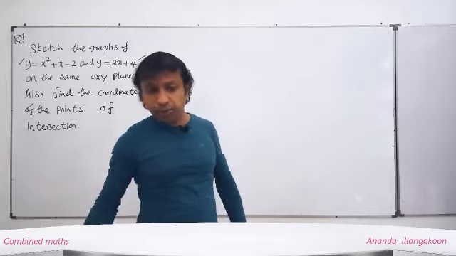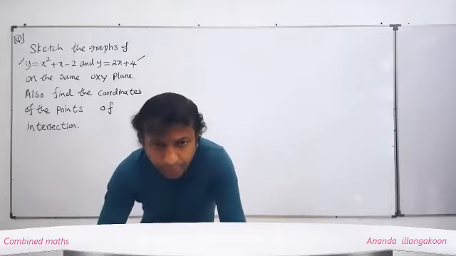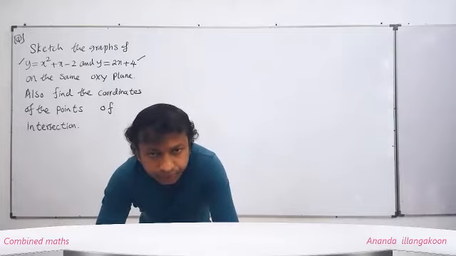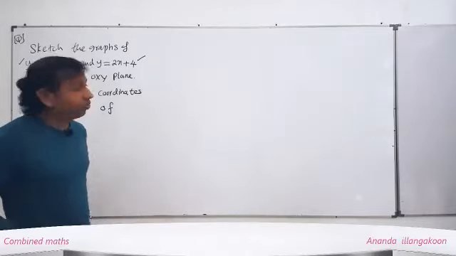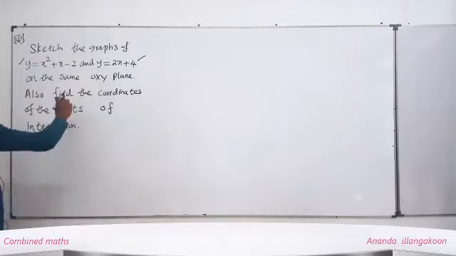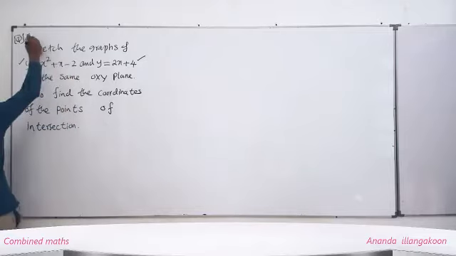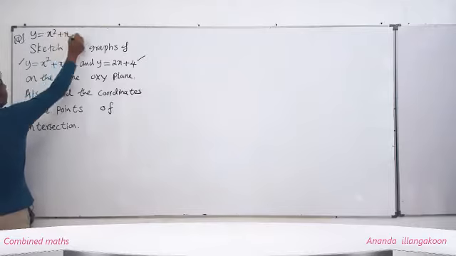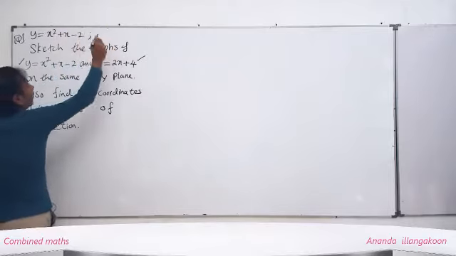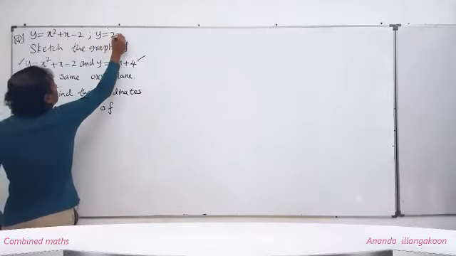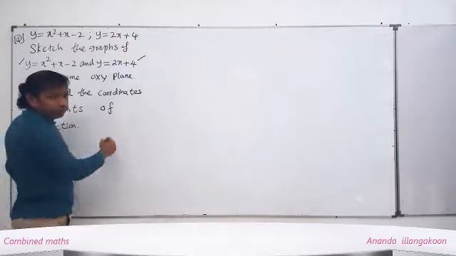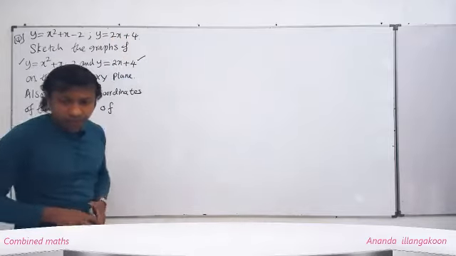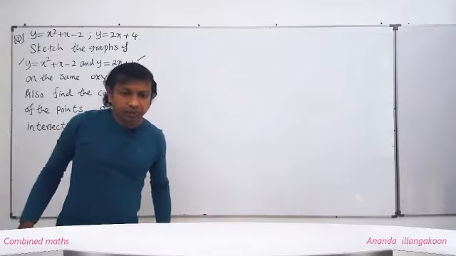Everybody can do this. Let's see how to draw the quadratic graph. The two graphs given are y equals x squared plus x minus 2 and the other one is y equals 2x plus 4, no? Right? Okay?